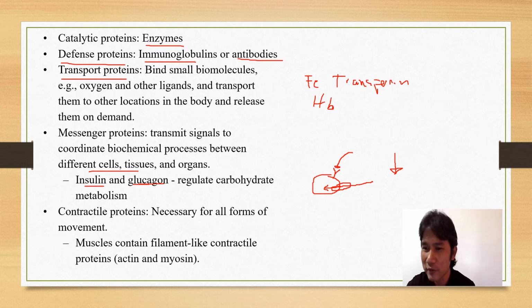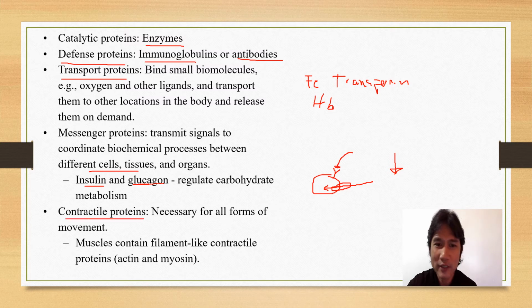Remember, glycogen is the storage form of carbohydrates. So when the glucose level drops, the glucagon will stimulate the breaking of glycogen to release glucose.